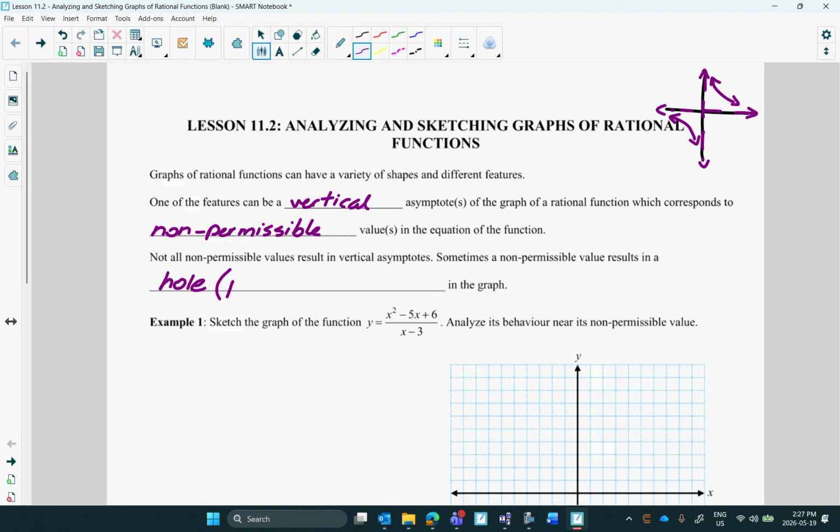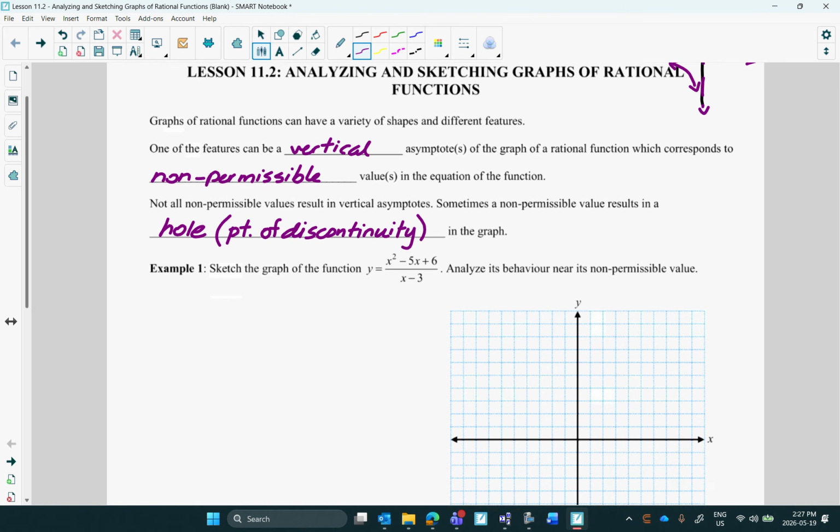The fancy phrase would be point of discontinuity. What happens that a hole results? We can cancel out a denominator. It no longer is a vertical asymptote, it becomes a hole.